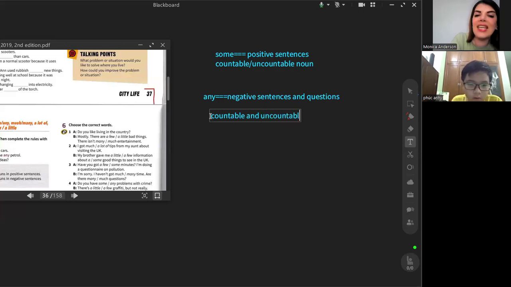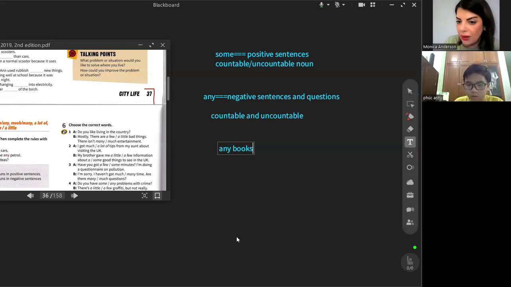So I can say any books or any pens or any, for example, milk. But you should know after any, if we have a countable noun, we should use it as plural. So we say any books, not any book for countable noun.